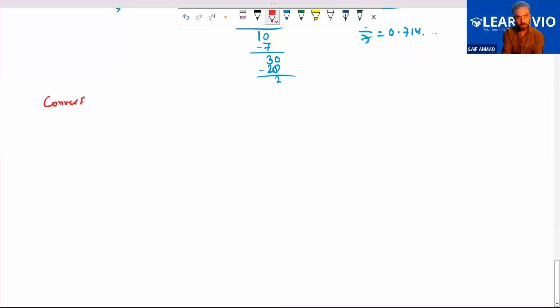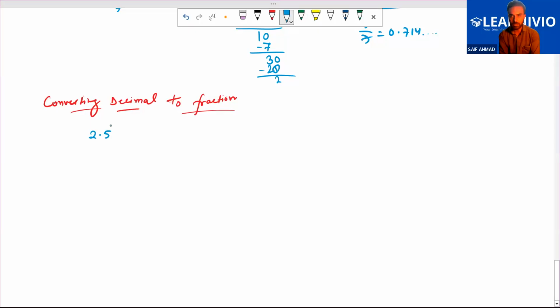Now converting decimal to fraction. For example, 2.5. You have to convert decimal to fraction. How do you convert? It is simple.